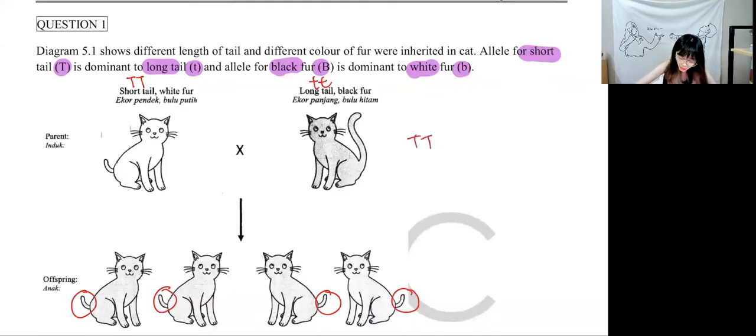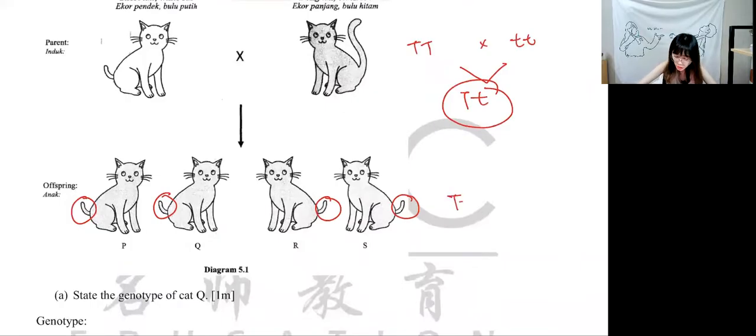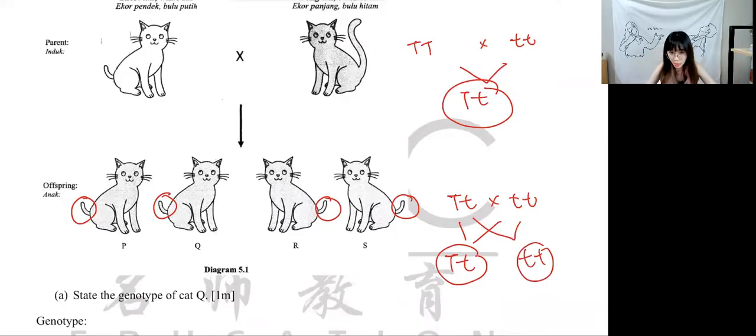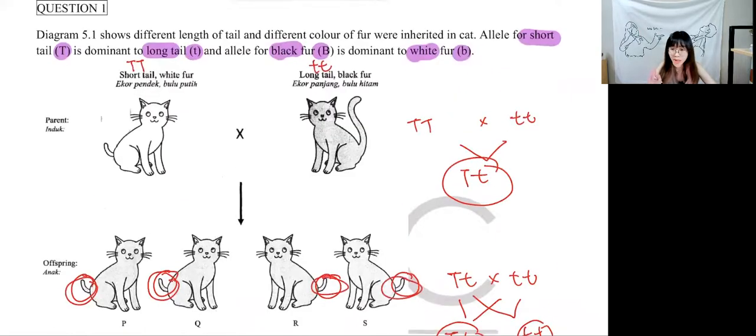If it's this combination and this combination, all of the children will be this combination, which means short tail. But if your combination is big T, small t, and 2 small t, then the combination can be this or this. It means we have 2 different groups of combination, but all of them have short tail here, so the short tail must be homozygous dominant.